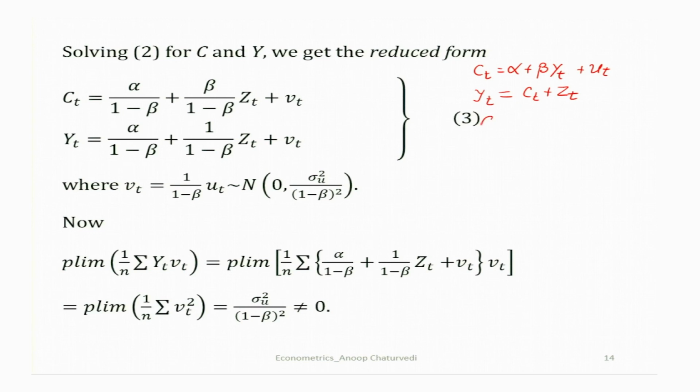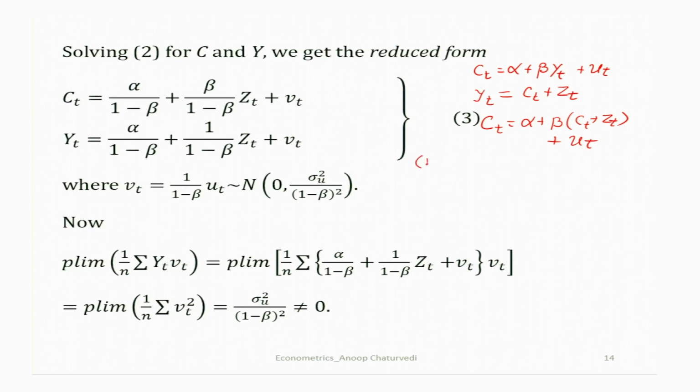So, you get C t equal to alpha plus beta C t plus Z t plus u t, and then we take this term involving C t towards the left hand side.